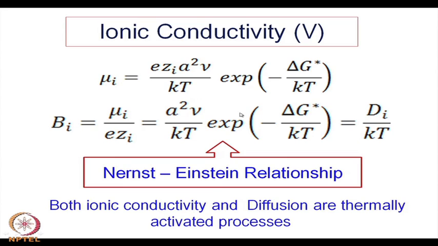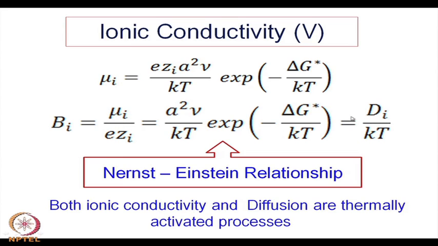Now, this gives a relationship that mu_i by e z_i is actually B_i, the mobility, or the diffusion coefficient, the mass transport mobility. So, that becomes this one, and ultimately one can write D_i by kT.